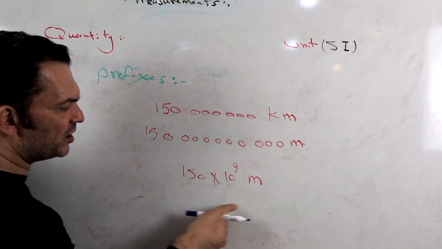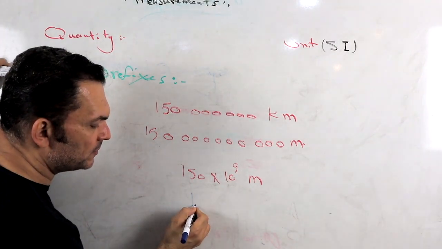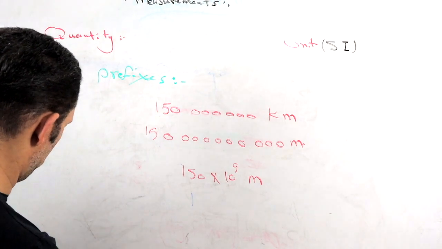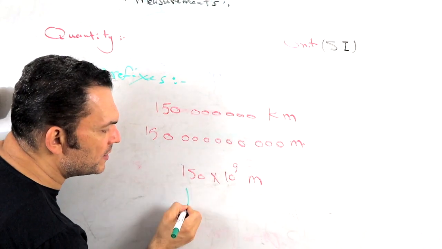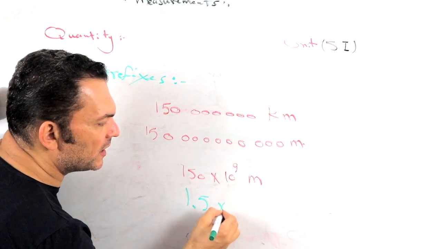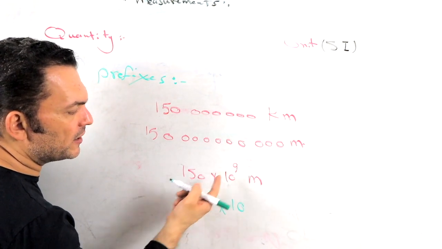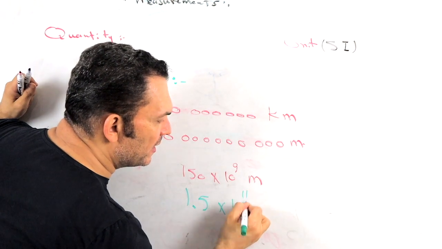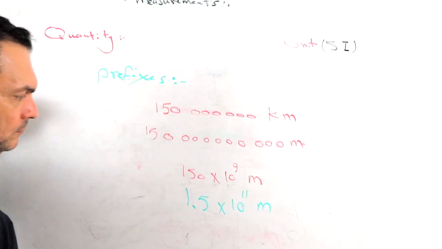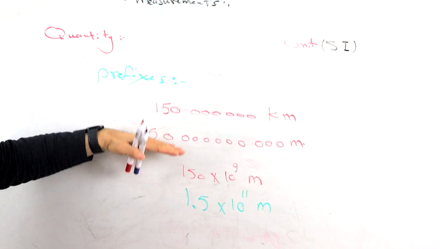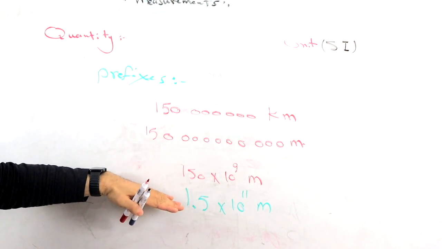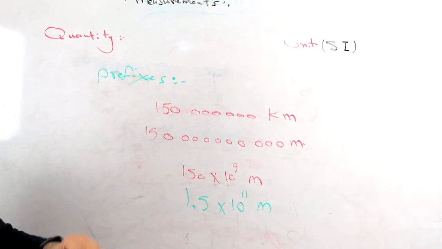And also I can change it to be, for example, 1.5 times 10 power. Remember, I'm going to move this sign, so again, I could write here it's 11 meters. So this is also a correct idea to express the same number, but it depends.